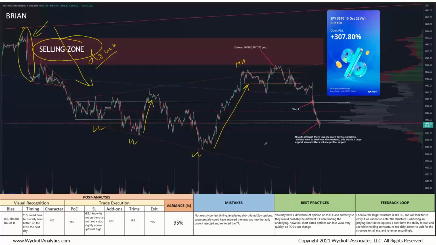We get a change of behavior after that first push up, a second attempt to push higher that looks almost like an upthrust. And I guess it is, in this little local structure. And that is where this option is entered. So that's what I'm seeing so far.